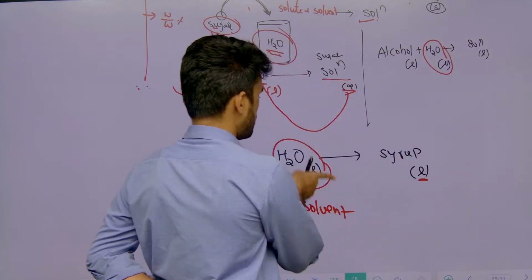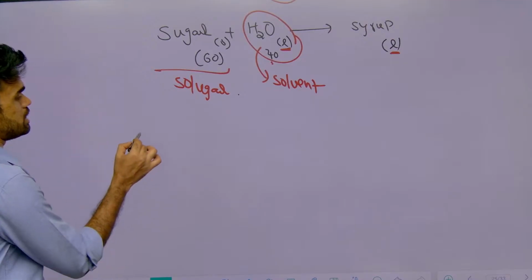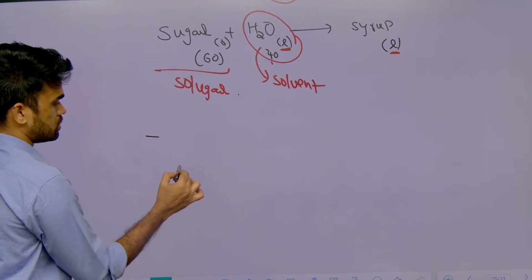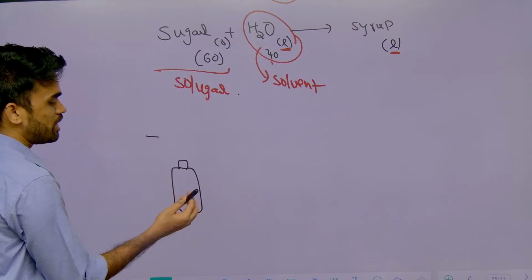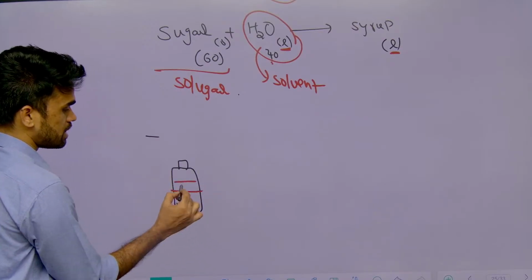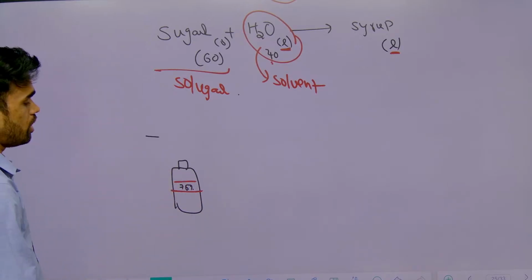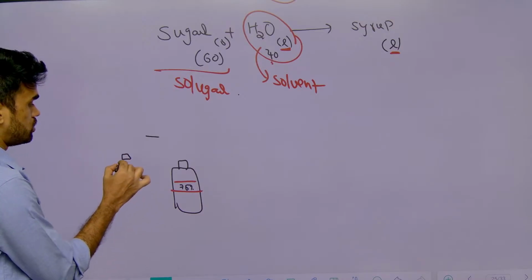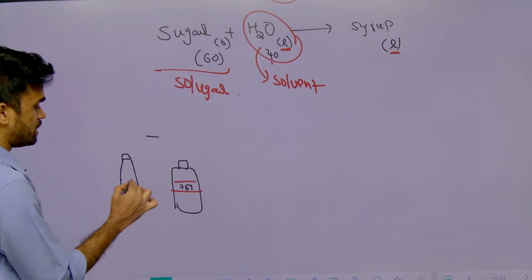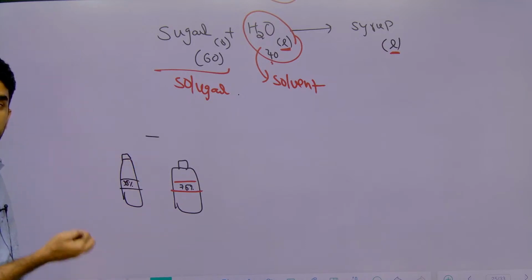Okay, next thing: if you observe any sanitizer bottles, they will have something like 75% on them. Or you can observe any alcoholic bottles, where it will be mentioned as 35% or 40%.